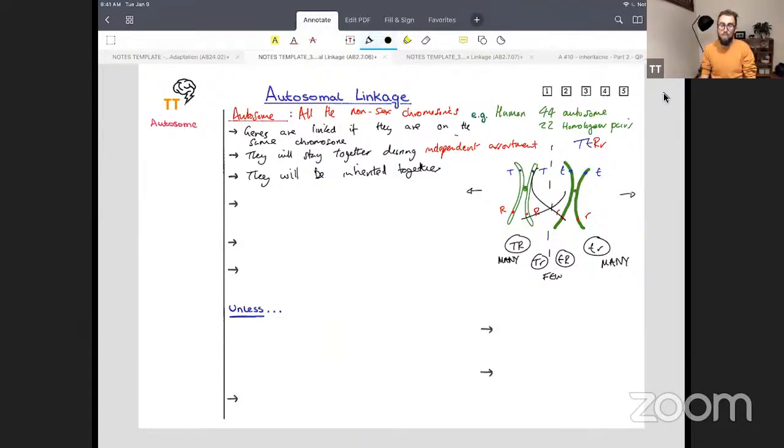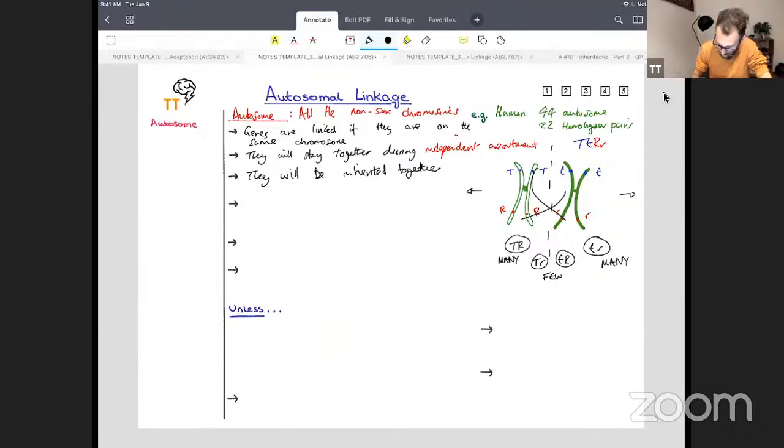So it's much more likely that you have the same genotype as the parent. So yeah, if they're on the same chromosome, independent assortment can't separate them, and so they are inherited together.